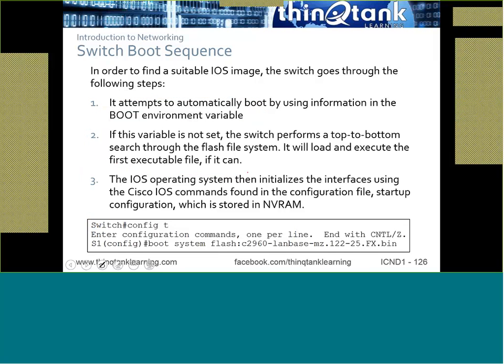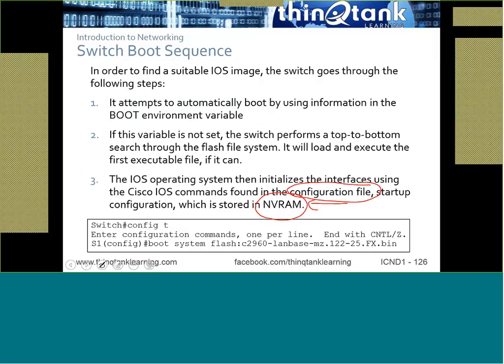Now, once that's done, then we look for our configuration file. Where is that configuration file stored? In NVRAM. So this is a new thing that we haven't talked about before. NVRAM stands for non-volatile random access memory. Random access memory means that you can write to that memory, you can read from that memory, you can erase files in that memory, but non-volatile means that if you lose power, the contents of that memory remain.